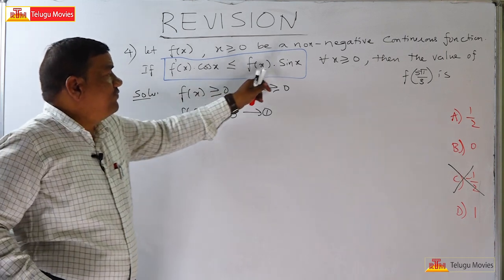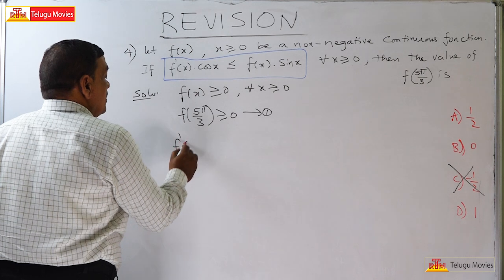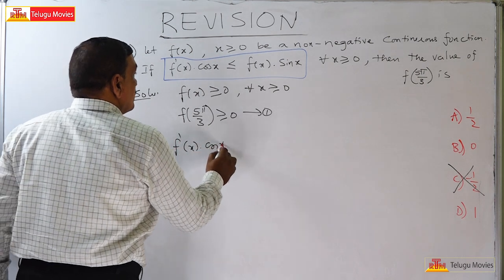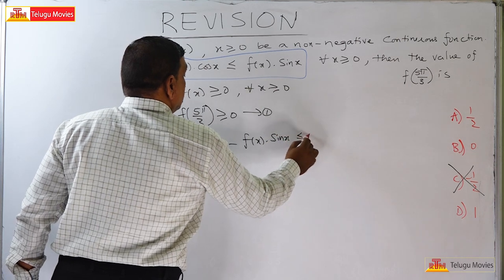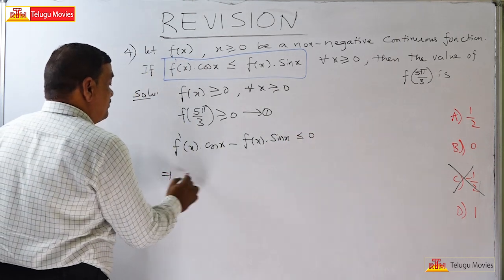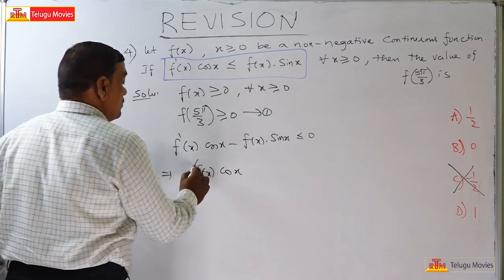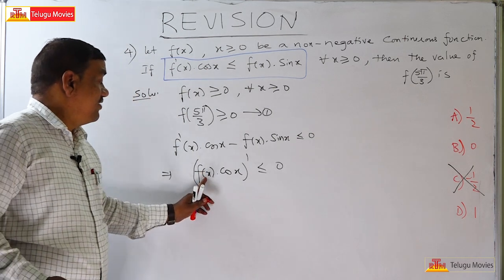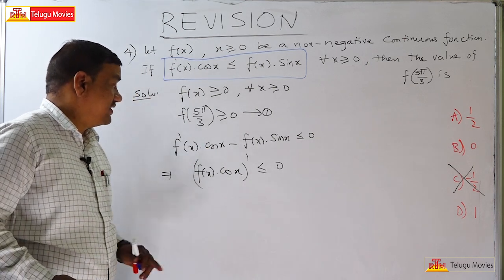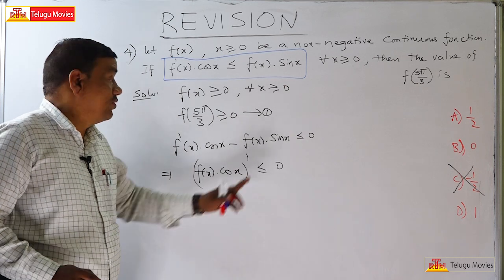Bring this f of x into sin x to the left hand side. What happens? You see, f dash of x into cos x minus f of x into sin x is less than or equal to 0. So, if you observe, this is f of x into cos x whole dash, less than or equal to 0. That is, f dash of x into cos x plus f of x into the derivative of cos x, minus sin x.